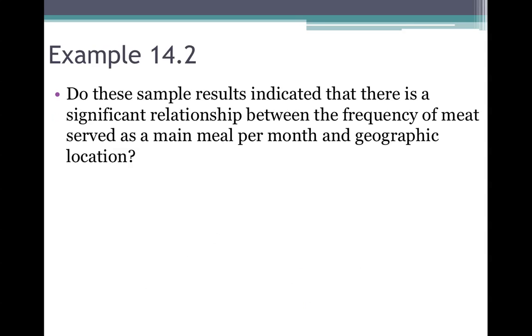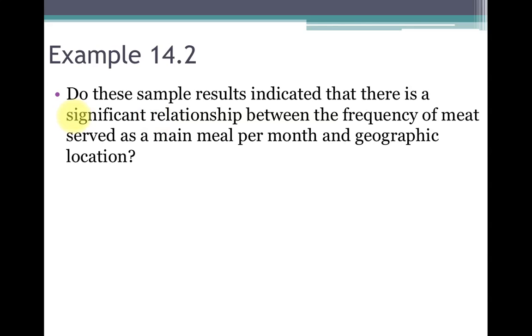So you're going to answer the final question, do these sample results indicate that there is a significant relationship between the frequency of meat served as a main meal per month and geographic location? So when you reject the null hypothesis, you prove dependence. When you fail to reject the null hypothesis, you've shown that they are independent.